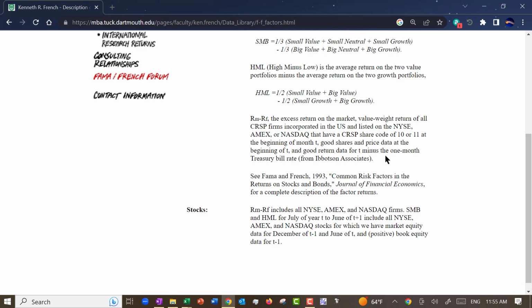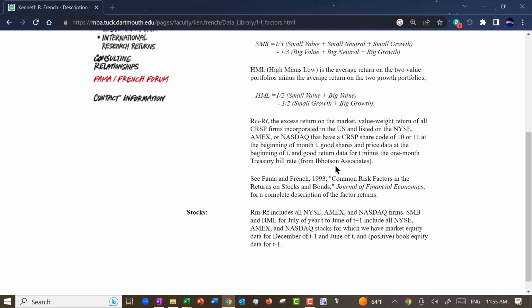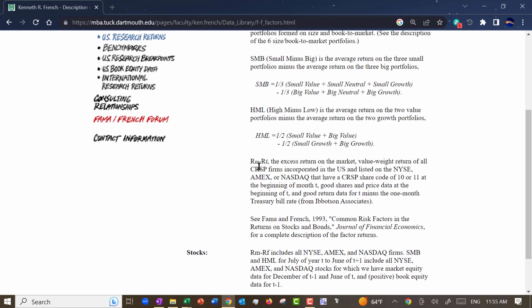But the market, the so-called market portfolio, is the value-weighted return on all firms that are traded in pretty much America. It excludes things like ETFs and other stuff. These are basically stocks for corporations.